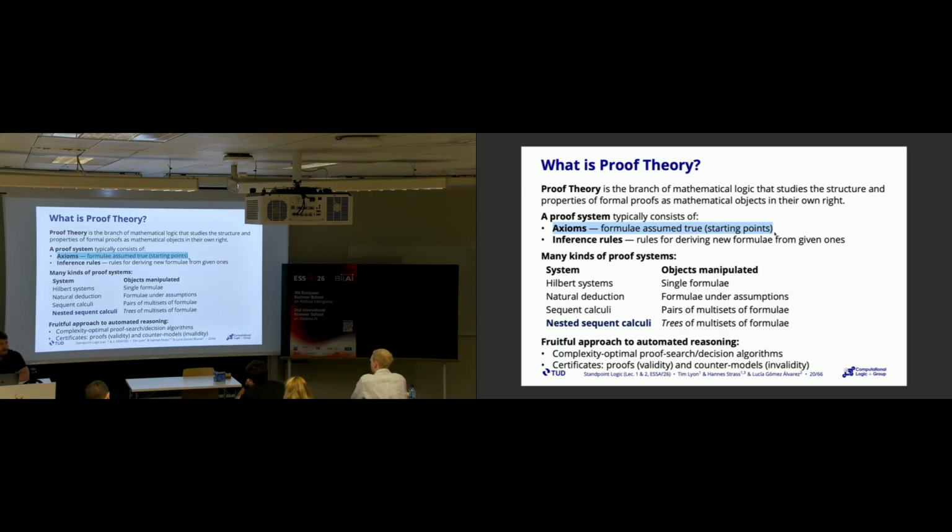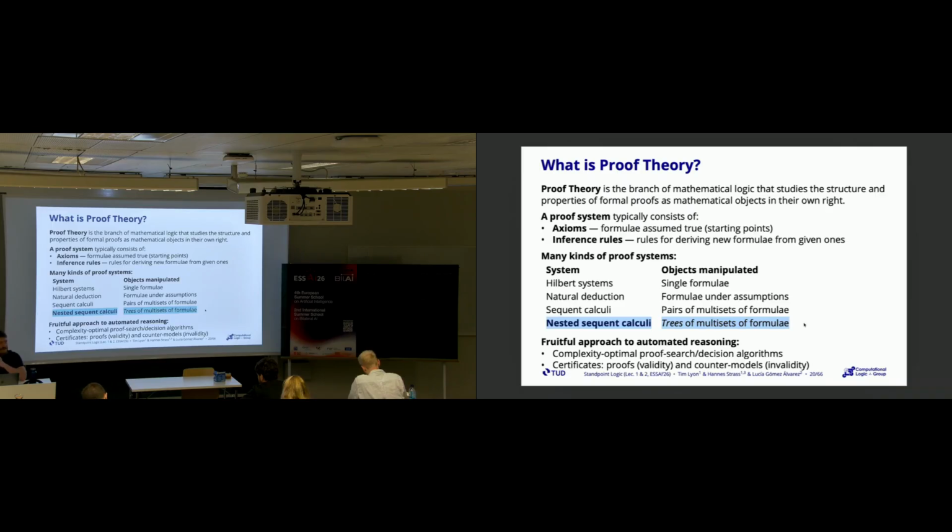What is important for us and for standpoint logic is the kind of proof system that we are going to use, which has been around for maybe about 30 or 40 years now, and these are called nested sequent systems. The proof system that we are going to design and provide for standpoint logic is going to use what are called nested sequents. Nested sequents are essentially trees, certain kinds of labeled trees, where the nodes of those trees are multi-sets of standpoint formulae.